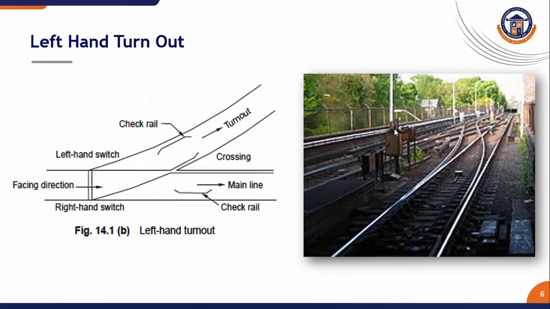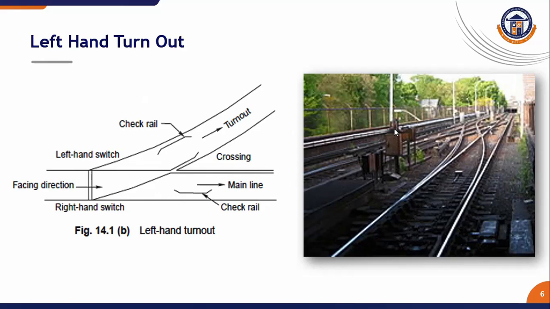Here in the photos you are seeing the main track and one diverging track. The diverging track, which is known as the turnout, has a set of check rails installed and properly aligned with the check rails. So the switches are following.